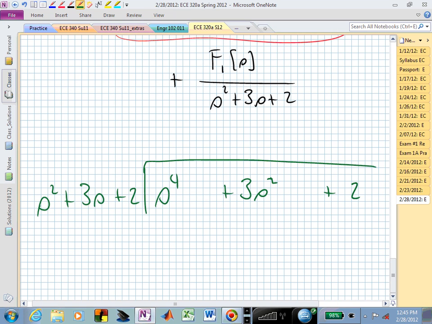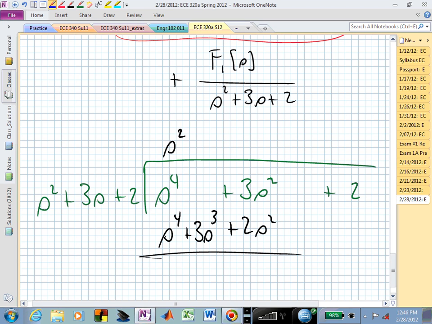And to perform this, I simply do it like we do most of our division problems. An s squared will go into s to the fourth by s squared, and now I simply multiply my denominator by that s squared, and I have s to the fourth plus 3s cubed plus 2s squared. And now what I'm trying to do is start reducing the order of the remainder.